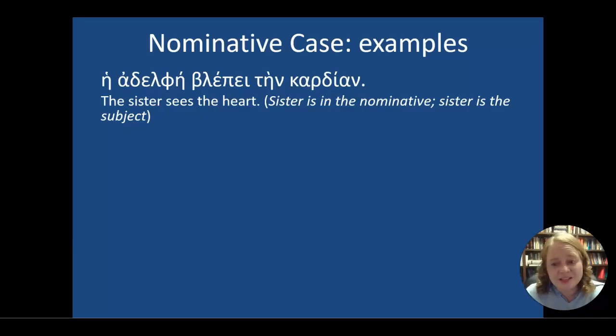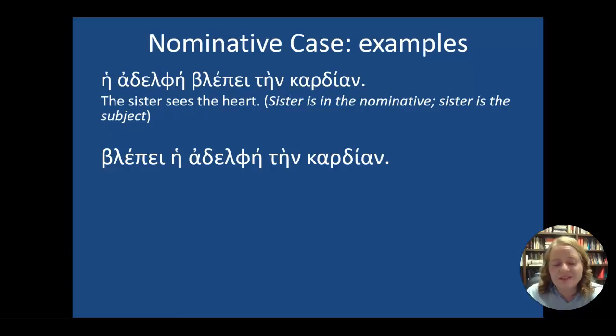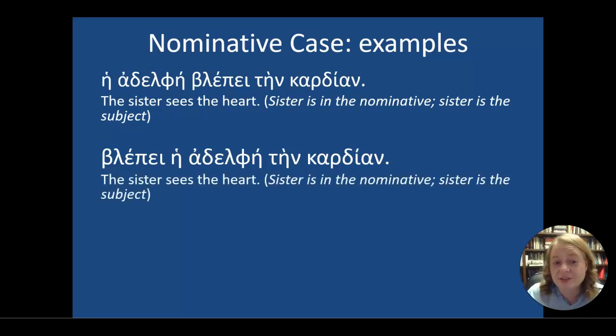But the same sentence can be written in Greek in a different order entirely. This is still the same sentence. Blepe, he adelphe, tain kardion. This is still the sister sees the heart because he adelphe is in the nominative case. It's in the subject case.